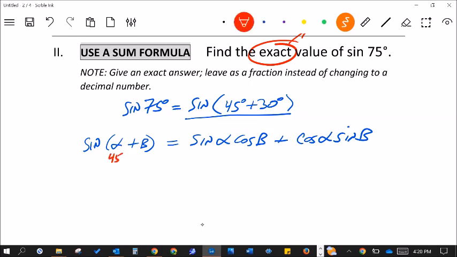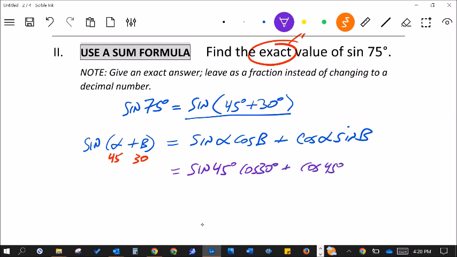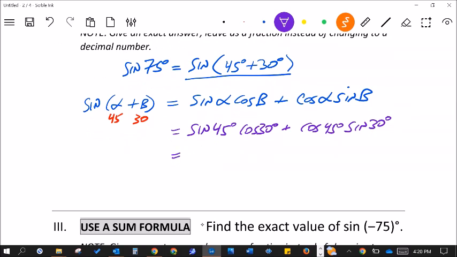This is 45 and this is 30. I'll switch to purple for this one. So that's going to be the sine of 45 degrees, the cosine of 30 degrees, plus the cosine of 45 degrees and the sine of 30 degrees. Now we simply find what they are.